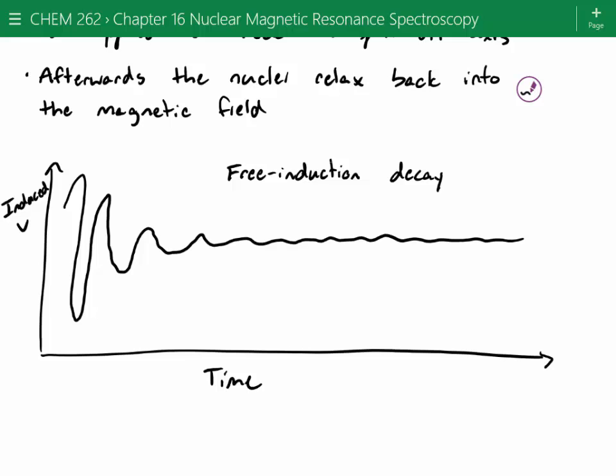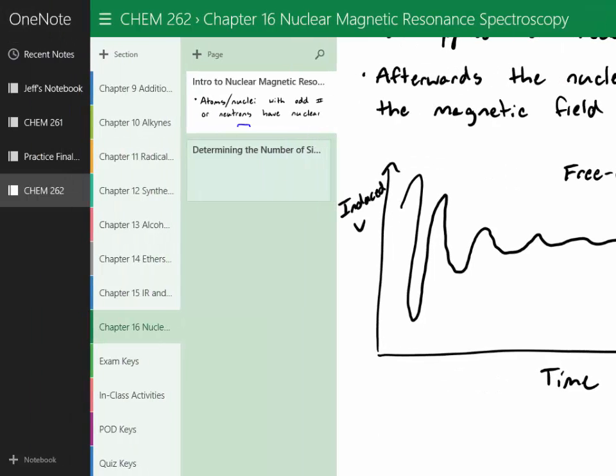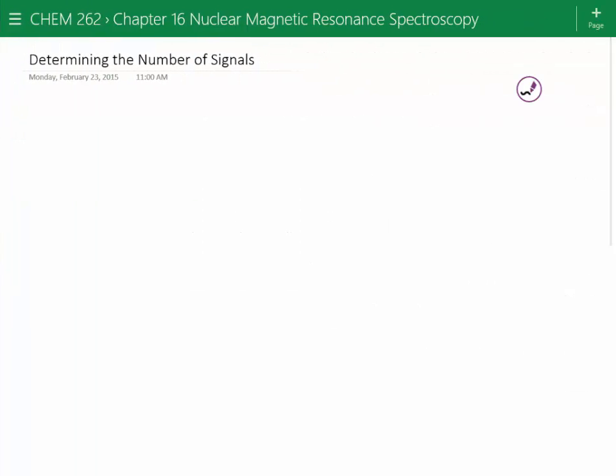But the first step that we need to do is actually look at our spectra, or our compound of interest, and look at the number of signals that we should anticipate in our spectrum. And so I'm going to kind of guide you guys through this. And then we'll go back into the nitty-gritty of what's going on in our spectra.